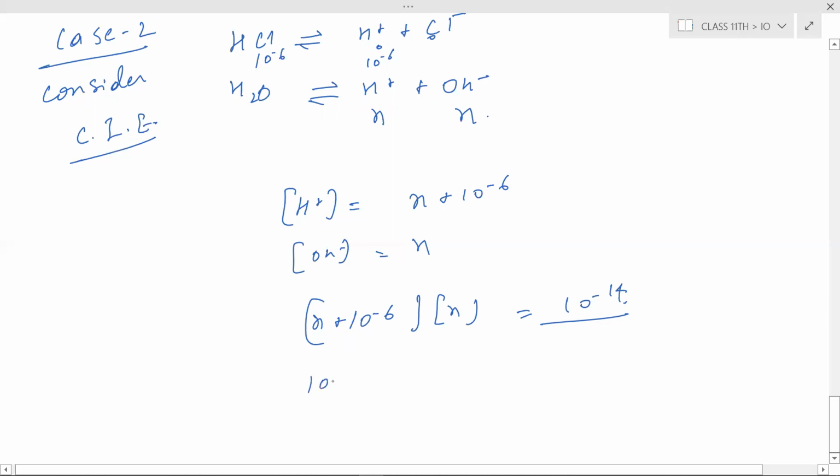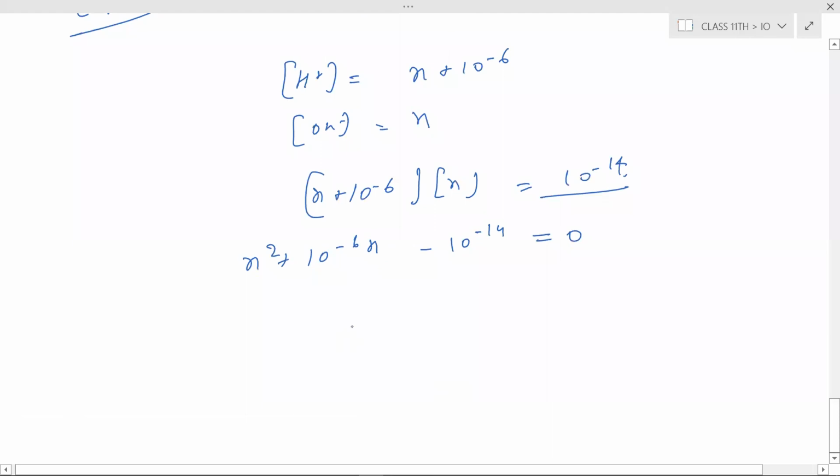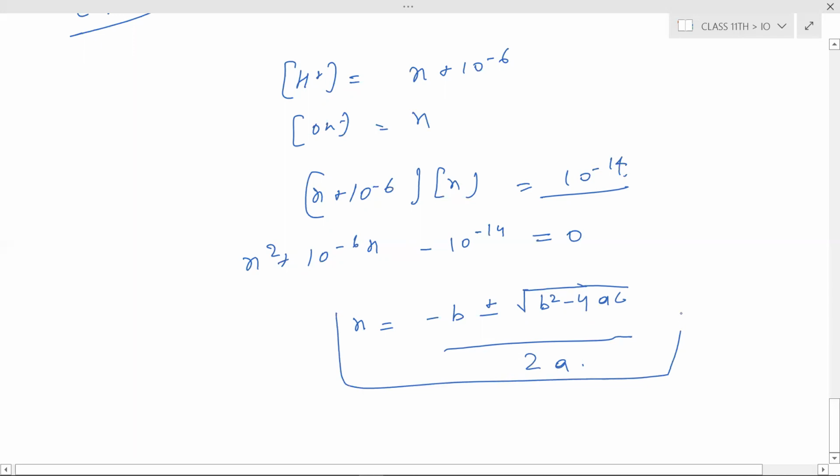It can be written as x square plus 10 raised to minus 6 x minus 10 raised to minus 14 is equal to 0. Now, for getting the value of x, x is equal to minus b plus minus root of b square minus 4ac divided by 2a. This will give us the value of x.